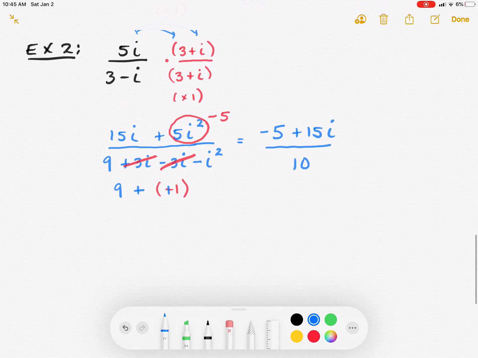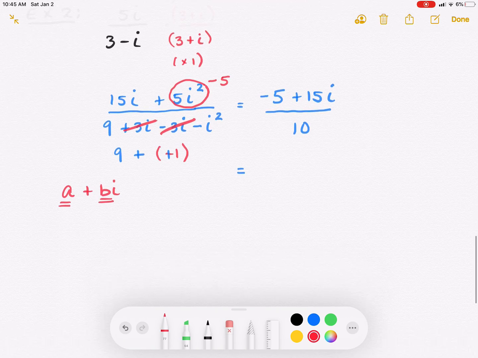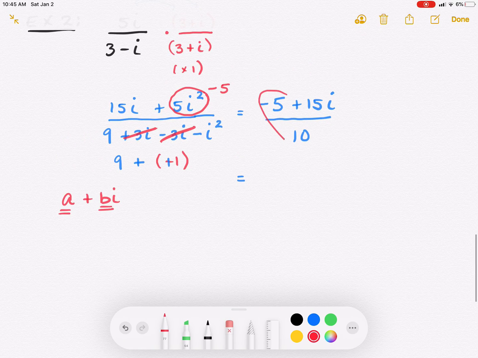So let's talk about how to simplify this a little bit more, because remember, complex numbers are written in the form a plus bi. We need to separate the real part and the imaginary part. So I'm going to separate by taking -5 divided by 10, and we're going to take 15i divided by 10 for the imaginary part.